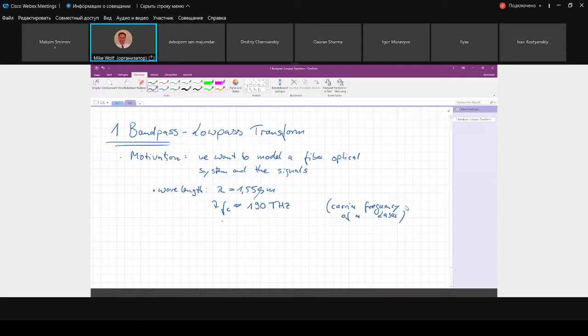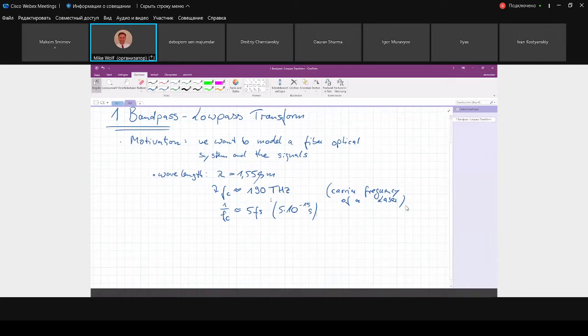This means that 1 divided by Fc, so one period of the sinusoidal wave, is nearly 5 femtoseconds, so 5 times 10 to the minus 15 seconds. It's just so that you get an idea how large this carrier frequency is and how short the period of the optical carrier is.